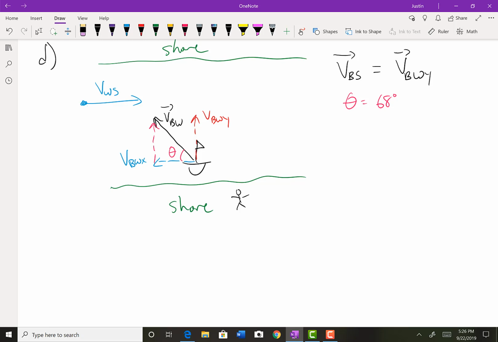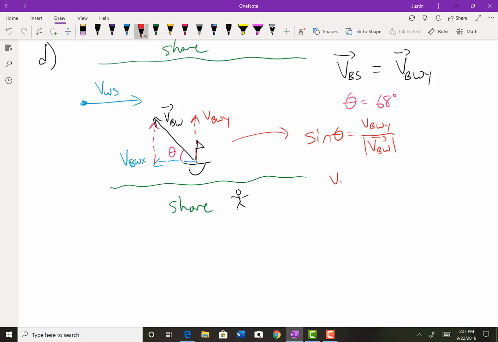So I really just need to find the components here. I'll use sine. Sine of theta is equal to the velocity of the boat with respect to the water along y, divided by the magnitude of the velocity of the boat with respect to the water.